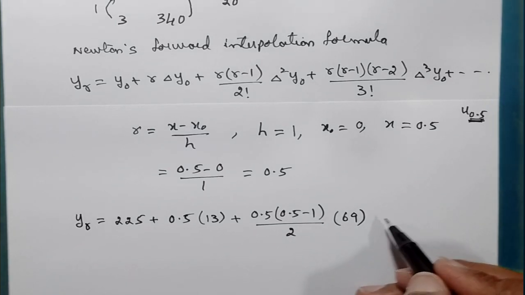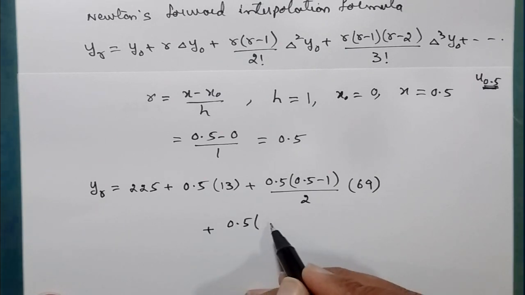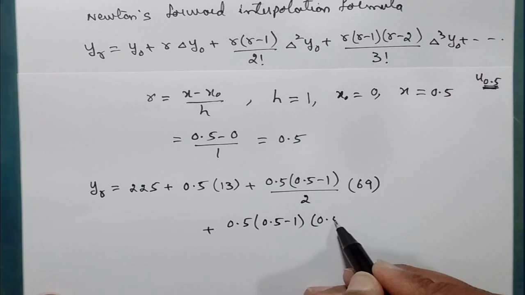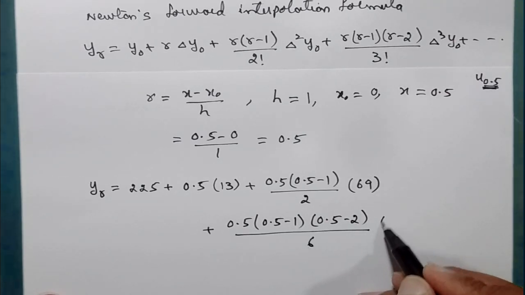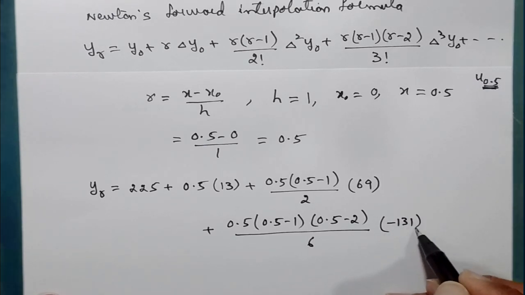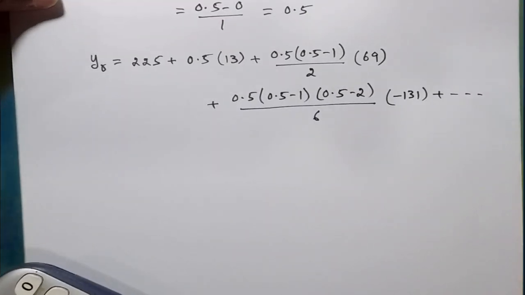Next value that you have is plus r into r minus 1 into r minus 2 divided by 3 factorial, which will be 6, into delta cube y naught, which is minus 131, and so on. You just use the calculator and try to calculate its value.